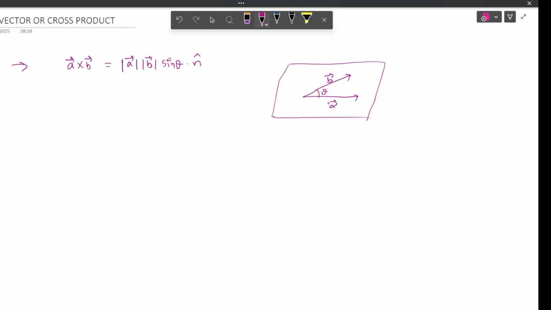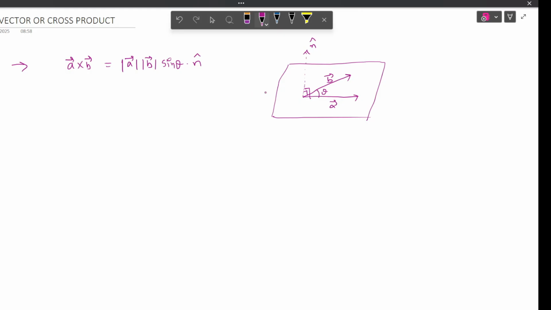This is the plane where the a and b vectors lie, and there is a normal vector out of the plane. This is your n vector, and this n cap is perpendicular to both b and a. So this whole system is known as a right-handed system.